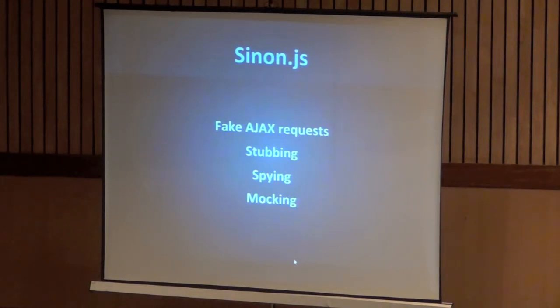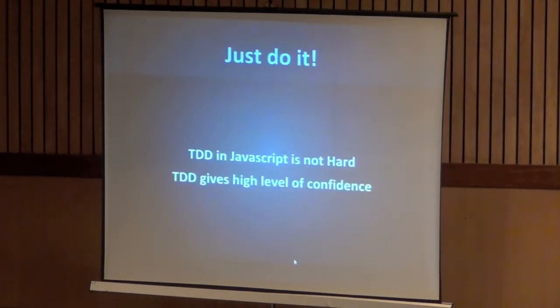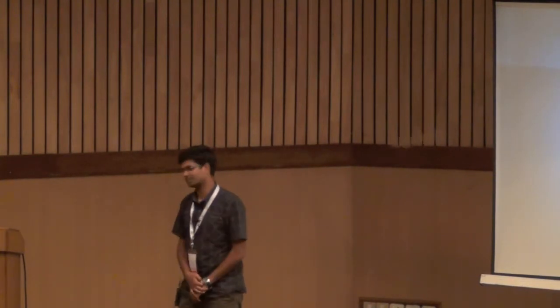These help a lot to come up with very fast unit tests and have very good test coverage for our code. Having all these options, we were left with no option but to write unit tests, follow TDD in JavaScript, and feel very confident about making any changes and fixing bugs.